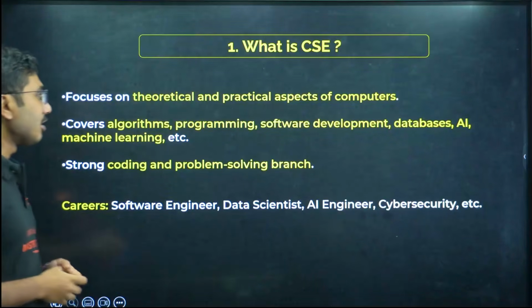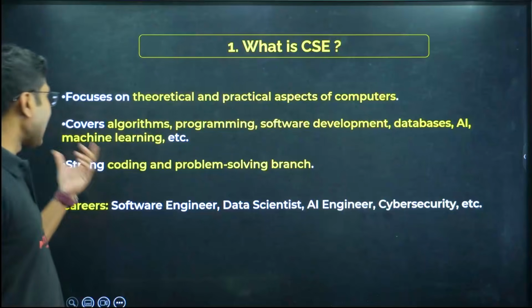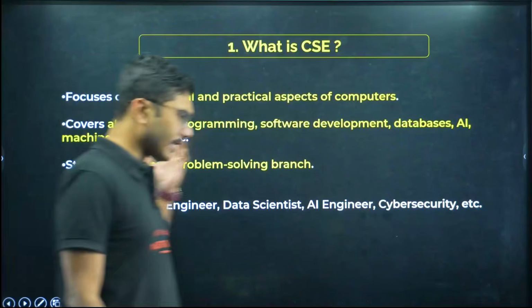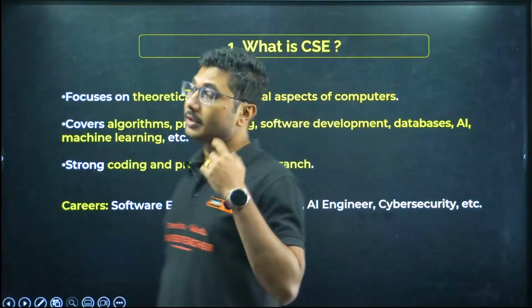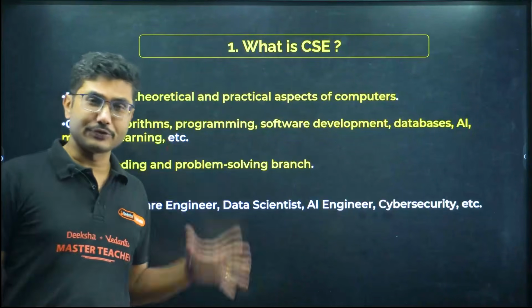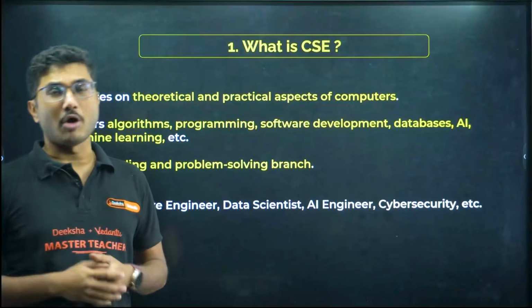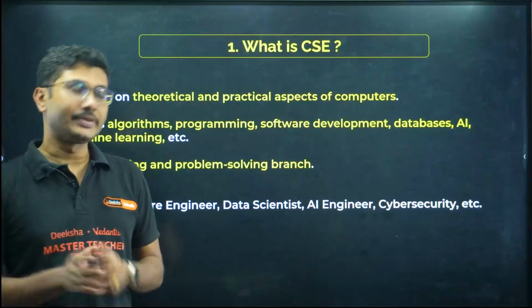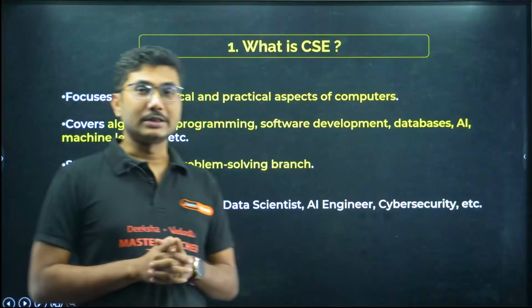It covers algorithms, programming, software development, databases, AI and machine learning, etc. AI and machine learning, as you know, is also available as a separate specialization. But if you study general computer science also, you will be exposed to some of the AI ML part as well. It is not that only those studying AI ML will be exposed to AI ML.